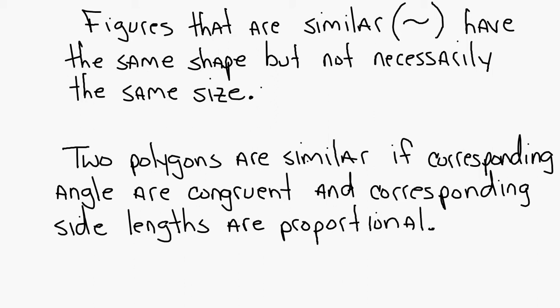Two polygons are similar if corresponding angles are congruent and corresponding side lengths are proportional.